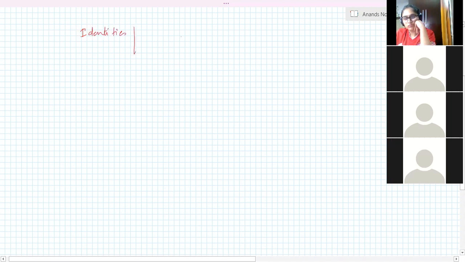And the second thing is on this side, you should know the restrictions. And you should be able to manipulate this such that you get an angle which belongs to this range. That's the key thing in this particular exercise.